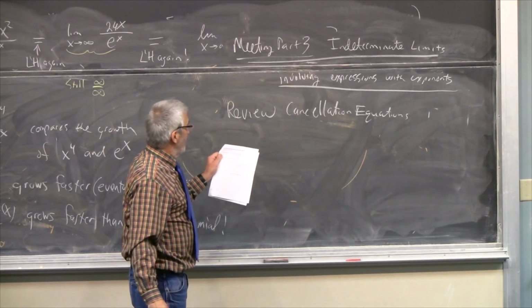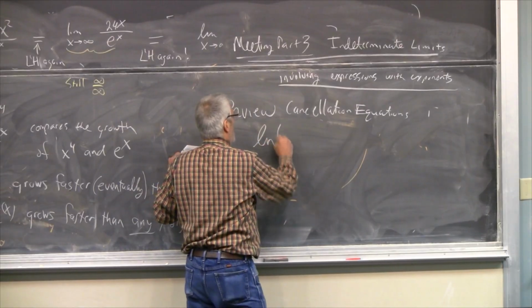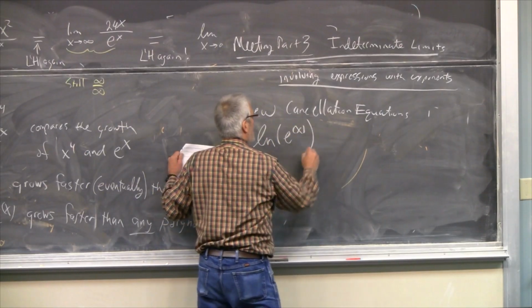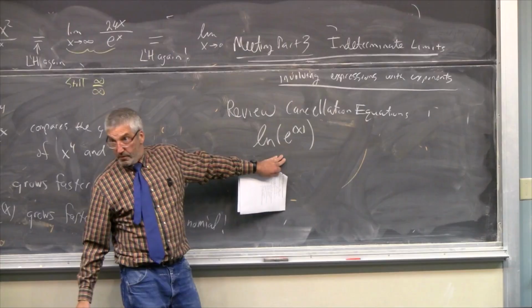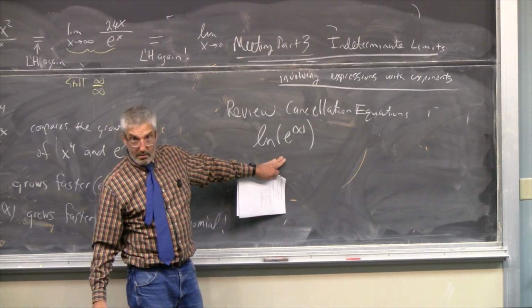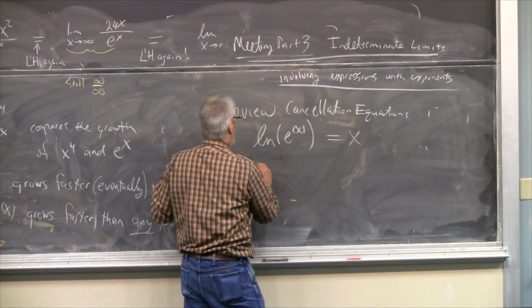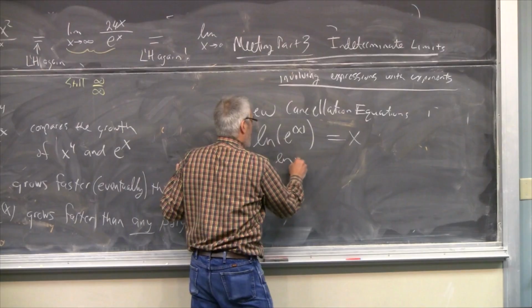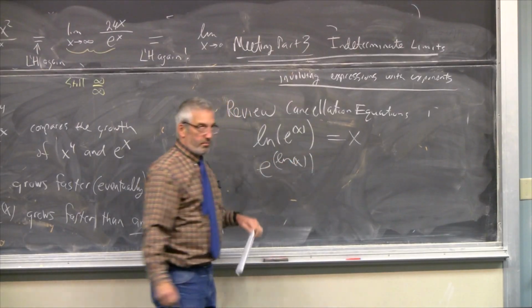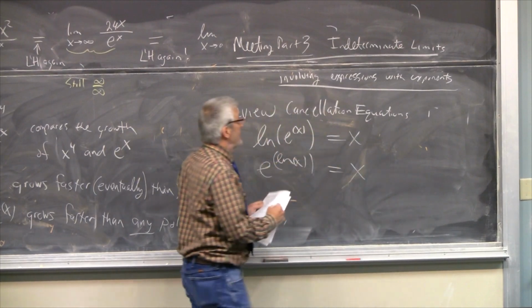Those are these equations that a lot of you might remember from high school. ln of e to the x equals, altogether now, 1, 2, 3, what? X. All right, and then e to the ln of x equals, on the count of 3, 1, 2, 3, x. All right, everybody remembers those.